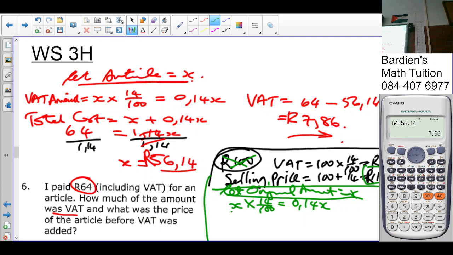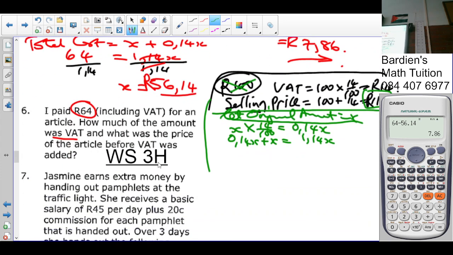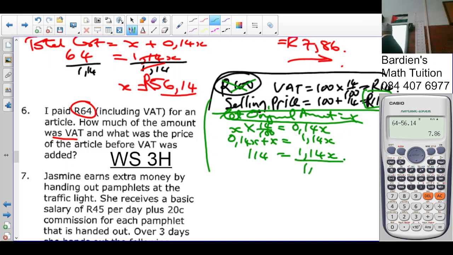Not so. So 0,14x plus x is equal to 1,14x. Now we say 114 equals 1,14x. Do you see that? So how do I get x on its own? Divide by 1,14. So we'll put that in the calculator.